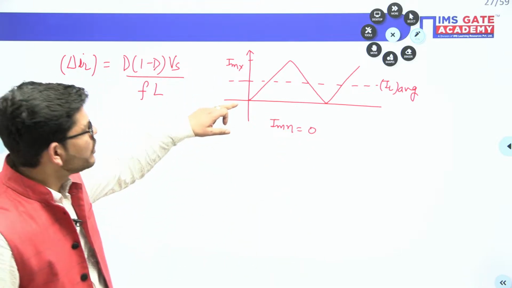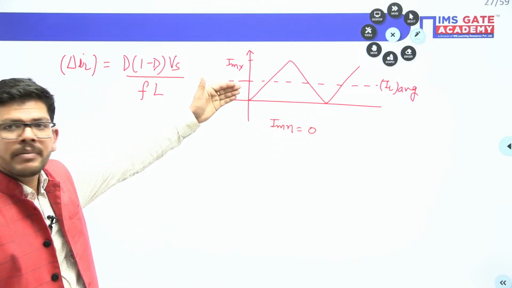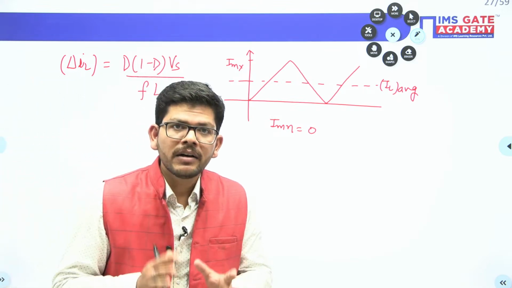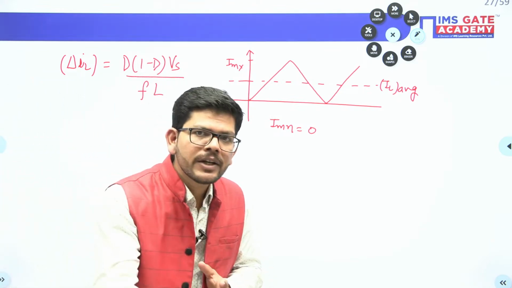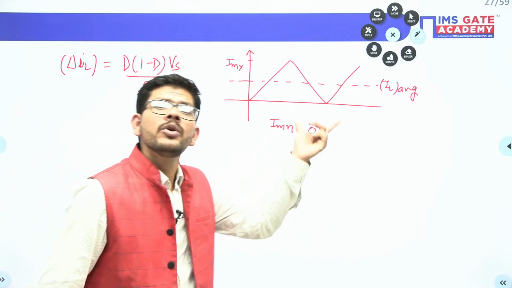This is the boundary of continuous and discontinuous conduction. If the I minimum current becomes negative, that means the converter is operating in the discontinuous mode. But when it is on the boundary, I minimum value will be equal to 0.